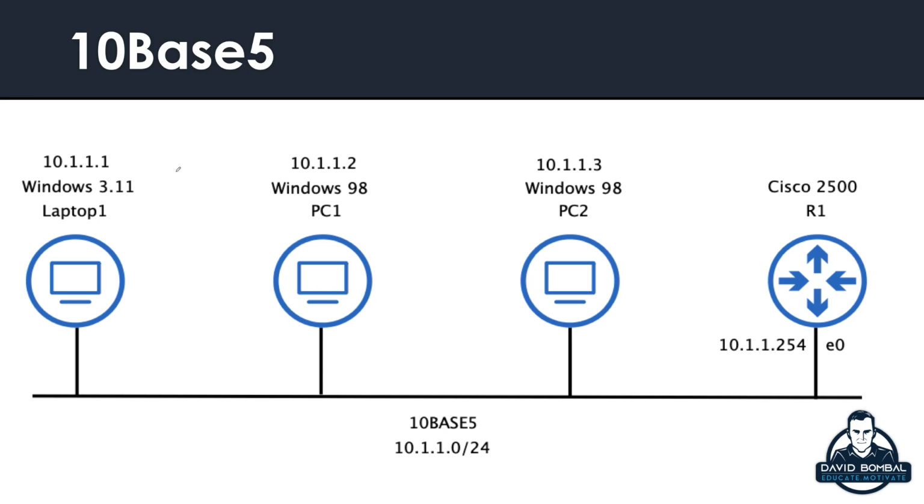Now, in a lot of network diagrams, you'll see something like this, where a PC is connected with a cable to a network. So here I'm running a 10base5 network. The reason why we have this cable connected to a bus network with terminators on the end like this is that this is called a drop cable.